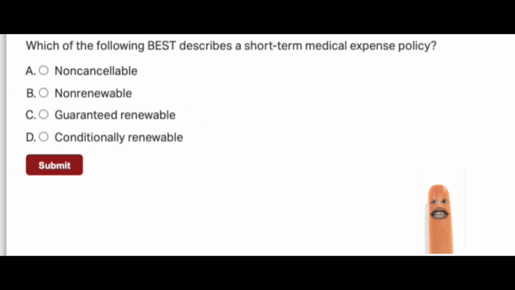Which of the following best describes a short-term medical expense policy? A, non-cancelable. B, non-renewable. C, guaranteed renewable. Or D, conditionally renewable.